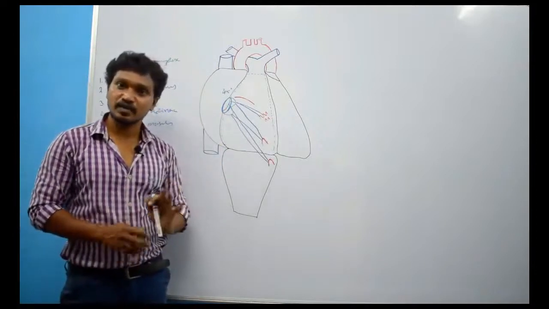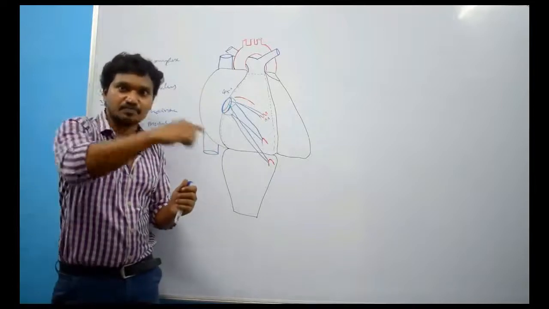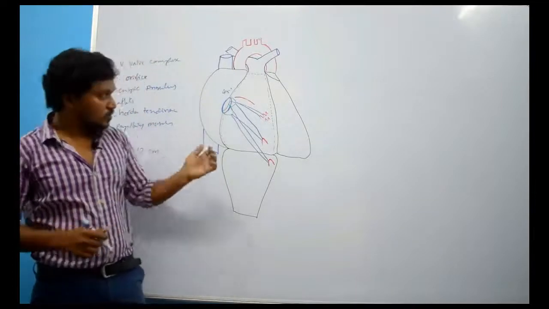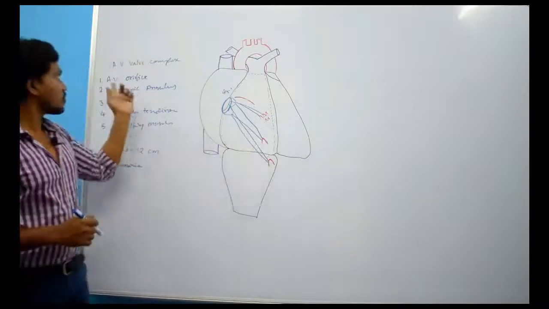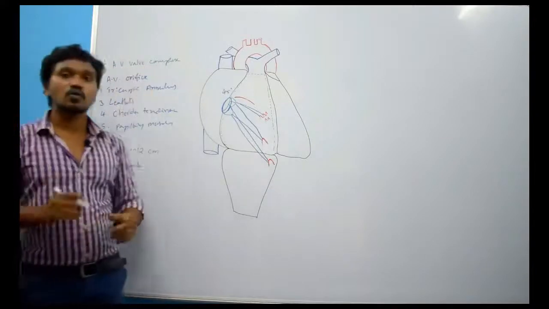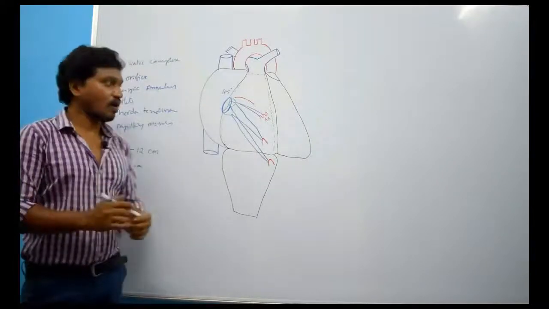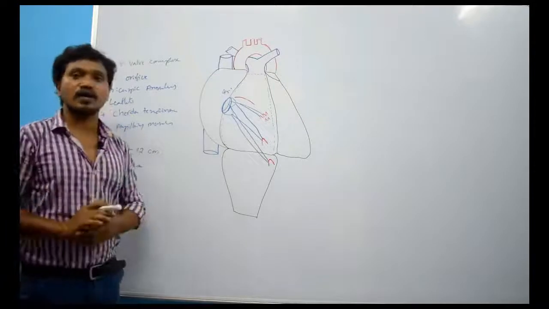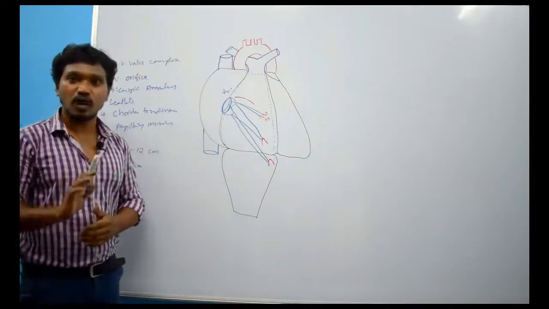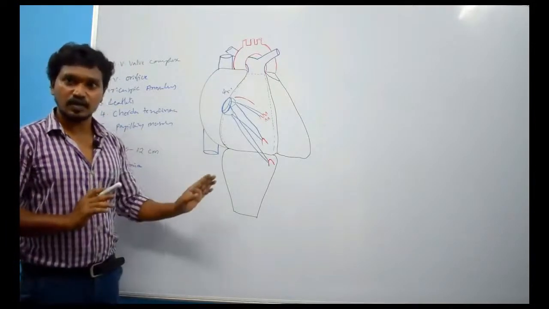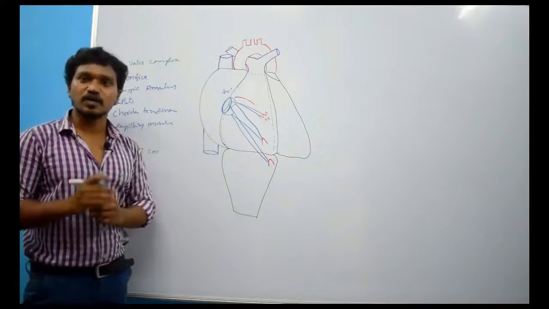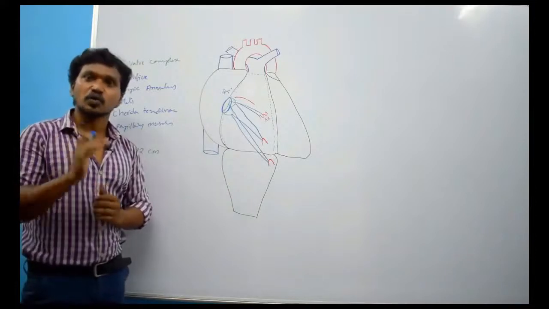Clear? It is like a circle. So this is about the atrioventricular valve complex. All these structures together are called the atrioventricular valve complex. Clear? This is sufficient for examination purposes for UG students.